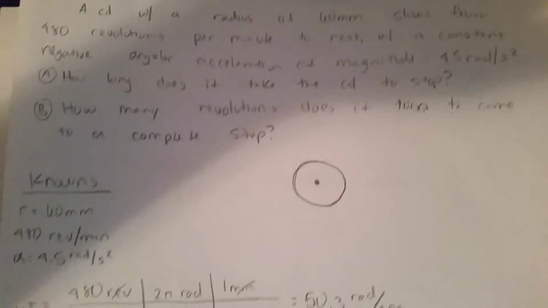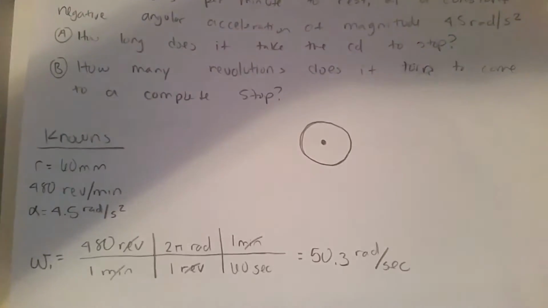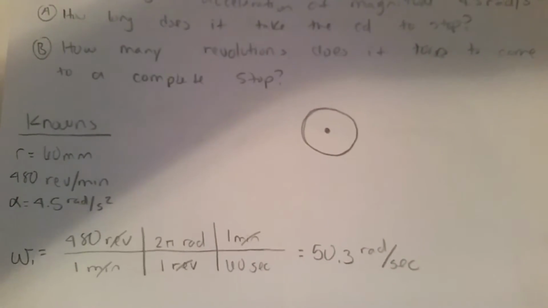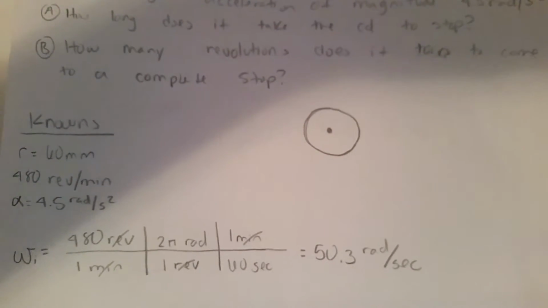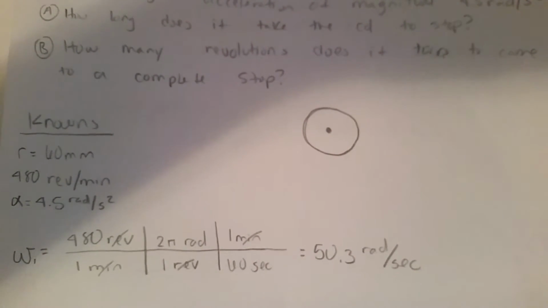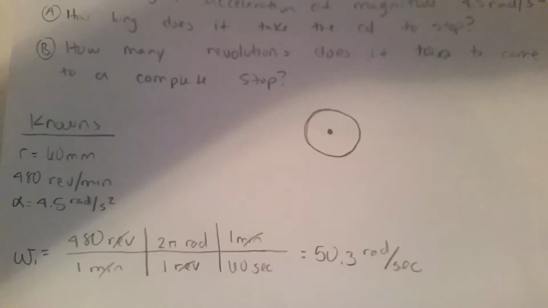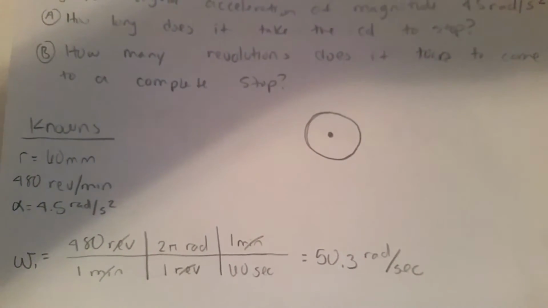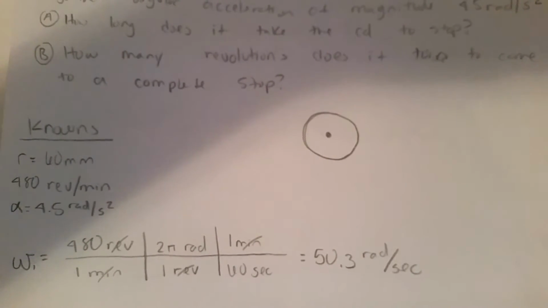Alright, so what I do here, I do 480 revolutions to 1 minute on my left, and 1 revolution is equivalent to 2 pi radians. So the revolutions will cancel out, and now I need to convert my minutes to seconds. There are 60 seconds in a minute.